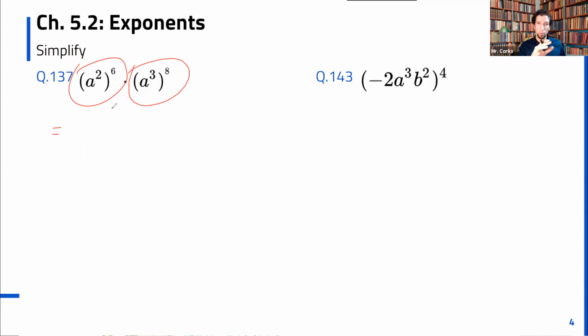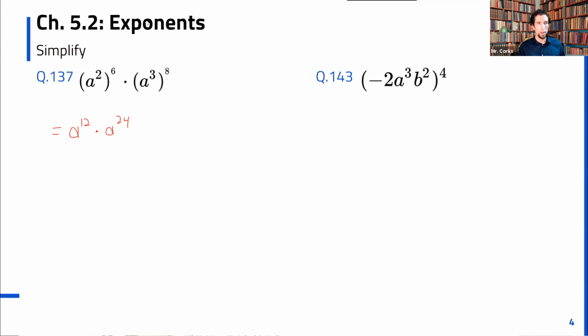If we have an exponent to another exponent, a squared, then again to the exponent 6, we multiply the 2 exponents. So that's a to the exponent 12 times a over here, same thing, to exponent 24.